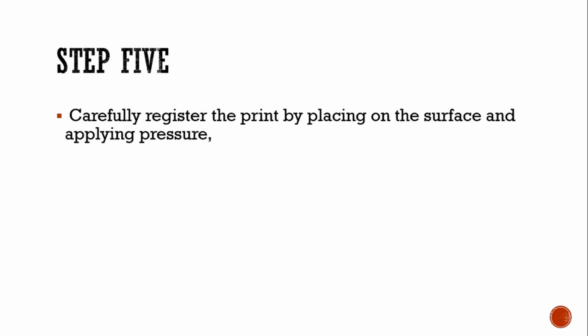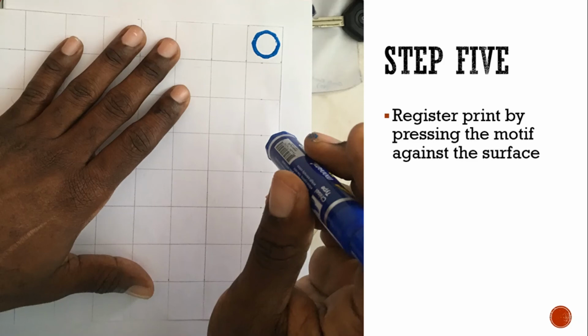If you sway a little bit, don't worry about it. It's a part of the process. Just ensure that you get it as consistent as possible. So you're going to register the print by pressing the area with the ink onto the surface. You don't want to use too much ink on the surface because you want your design to look neat and sharp, so don't flood the area with ink.